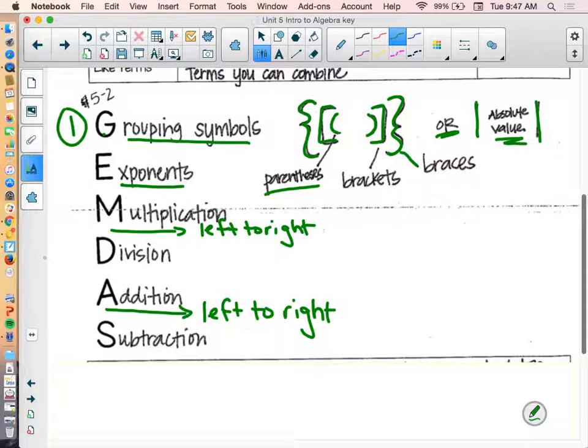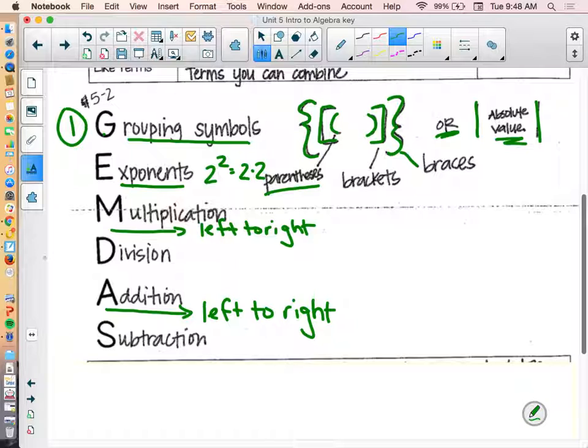So exponents, you're going to see a lot of those. Remember, exponents mean if you have something squared, then that's going to mean that you multiply it by itself. Or if something's cubed, then you multiply it by itself another time, 3 times. So for example, 2 squared would just be 2 times 2, which is the easy one.